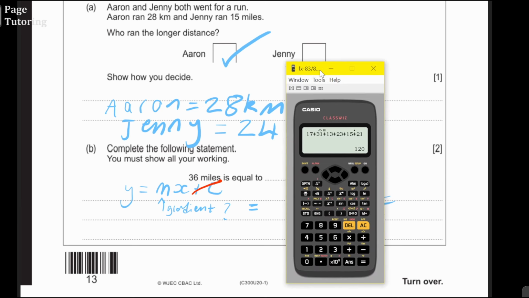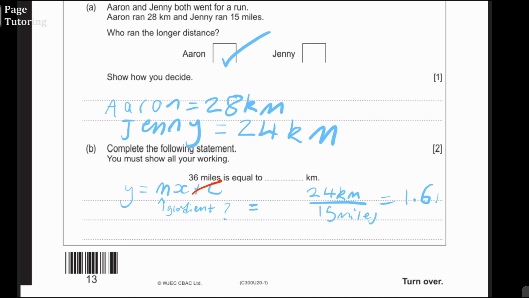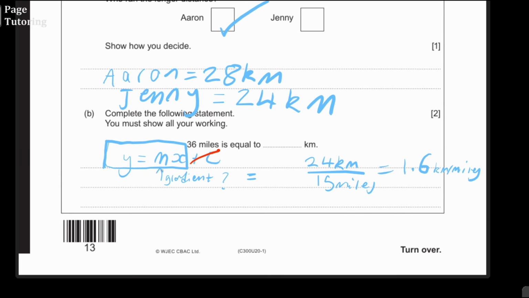We're just going to put in 24 divided by 15. That gives us 1.6. And you could put in a unit if you wanted to, you don't really need to. Okay, so you've got your gradient, so now you've got an equation to work backwards from. So now you can put in y, that's kilometers.